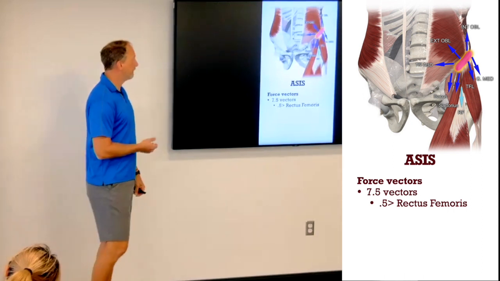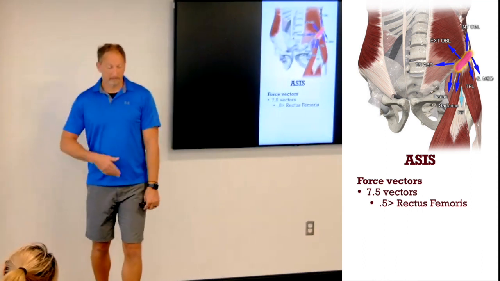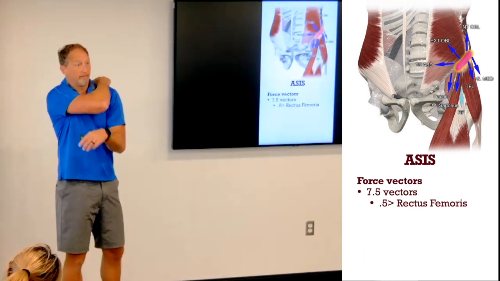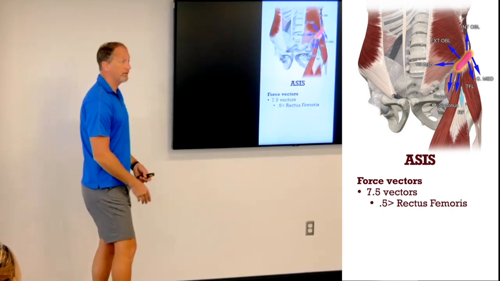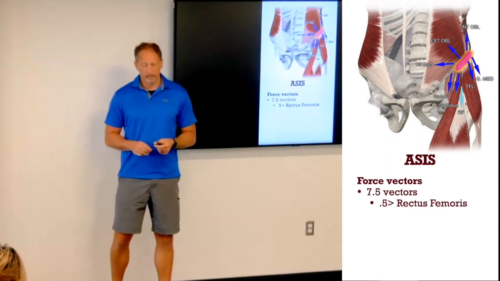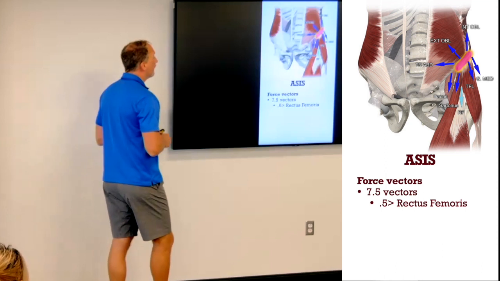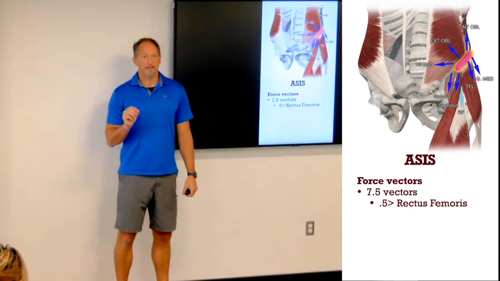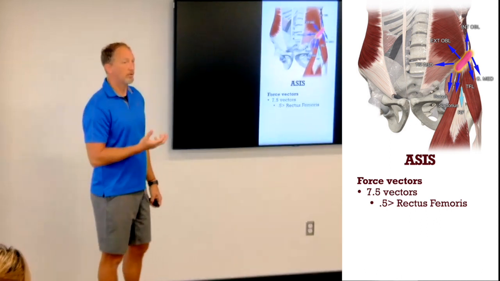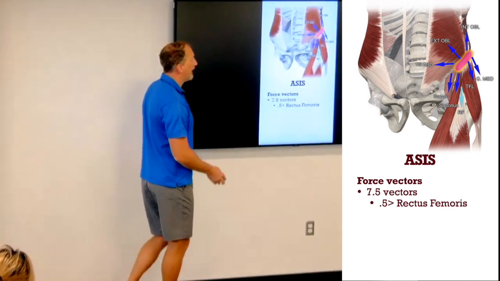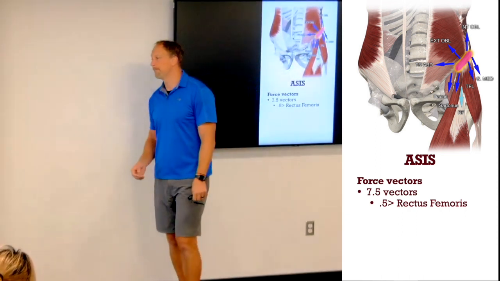Anytime we talk about very superficial bony prominences, ASIS, the spine of the scapula, greater trochanter, tibial tuberosity, Gerdy's tubercle, the spinous processes of all of our vertebrae, if the overlying tissue doesn't freely move in all directions and it's locked down to that, you're going to have problems. So we have to make sure that the overlying skin has really good tissue mobility.